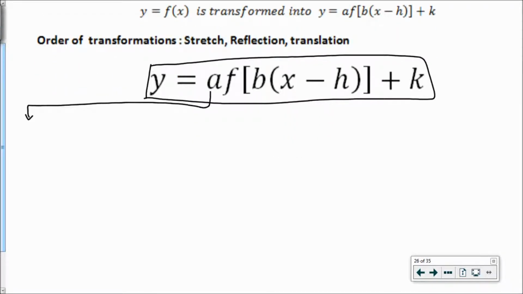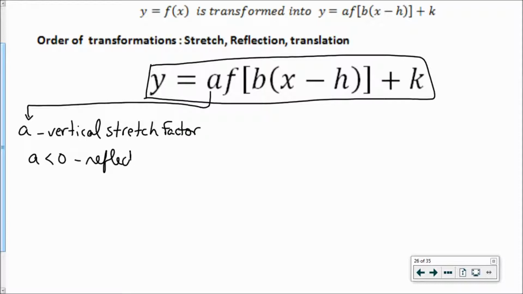Looking at a first, we remember that a is our vertical stretch factor. And when a is less than 0, when a is negative, we have a reflection about the x-axis.